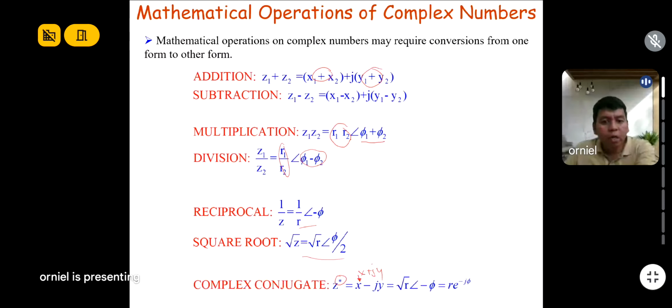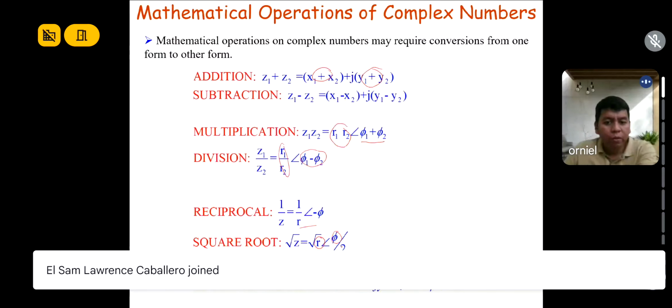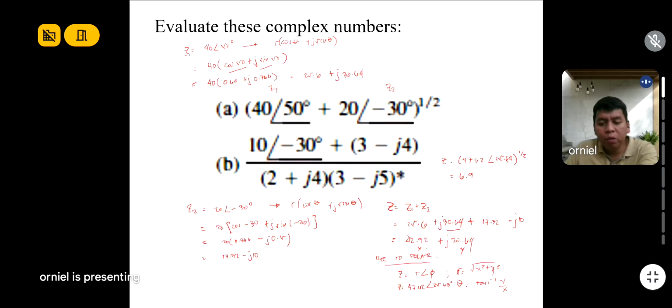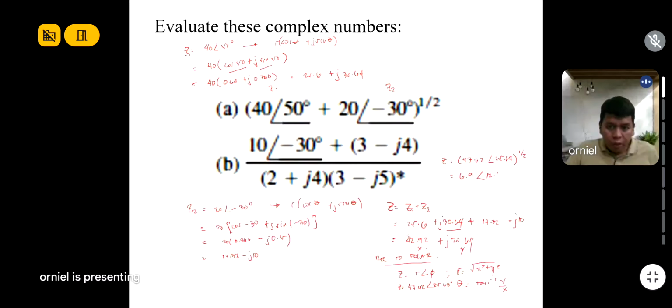Now, when taking the square root, the magnitude r is square rooted, but the angle theta is divided by 2. So 25.64 divided by 2 is 12.82, sir.